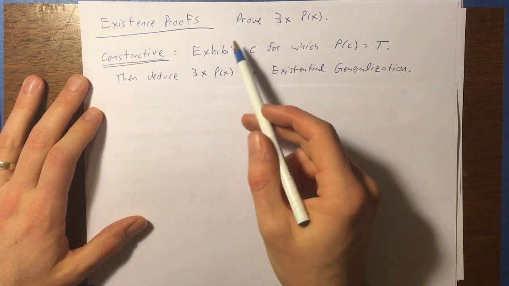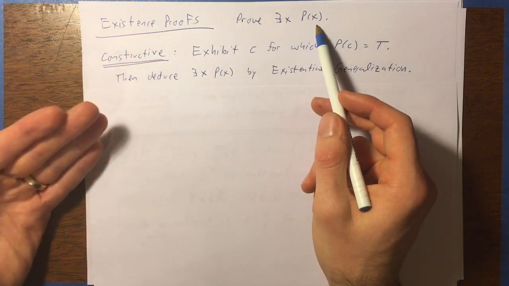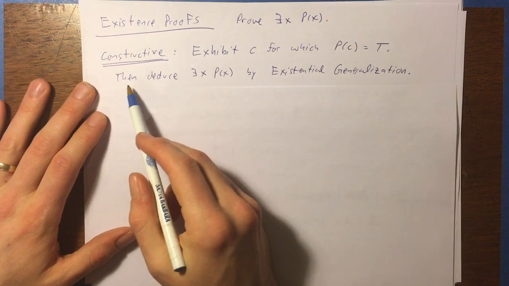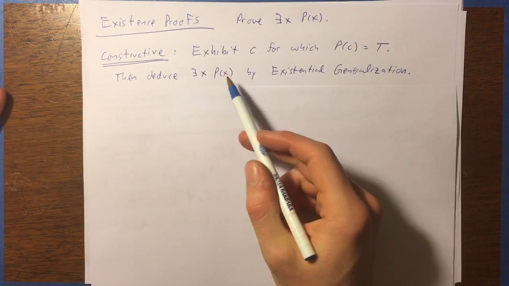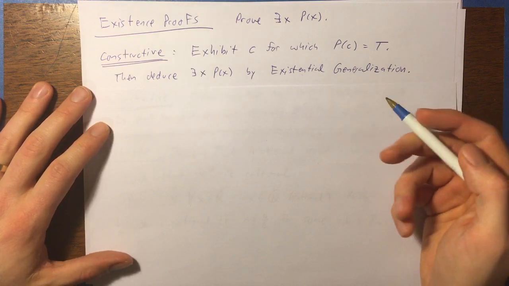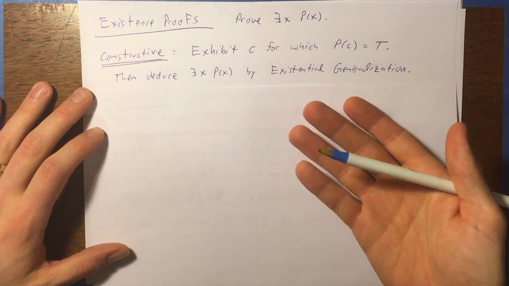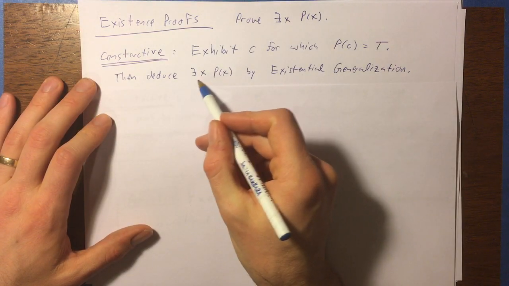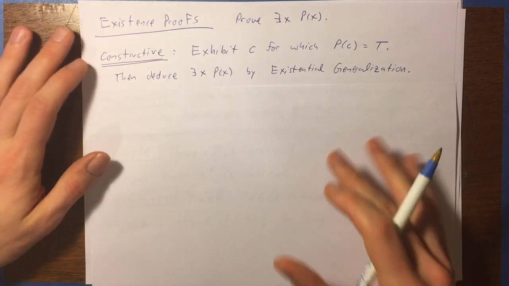Essentially, we're proving the existence by showing one. We're pointing to it and demonstrating that it works. Then we deduce there exists x P(x) by existential generalization, which is one of the rules of inference. If it's true for one, then you can generalize it to the existentially quantified statement. So that's a constructive proof.